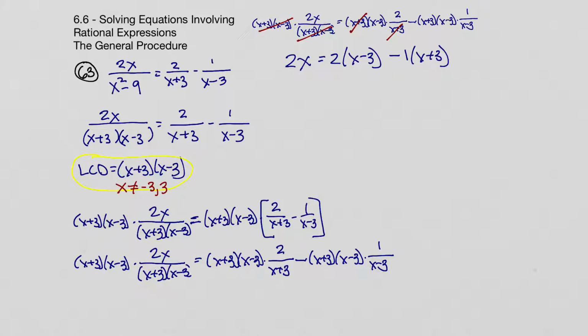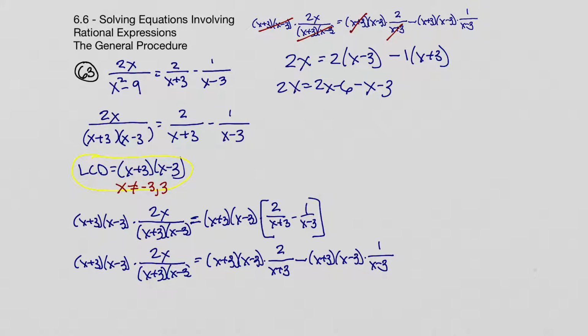Now, let's continue on. We're going to get 2x equals, now let's distribute here. We'll get 2x minus 6, and then let's distribute here. Negative 1 times x is minus x, and that negative 1 times positive 3 is going to be negative 3.